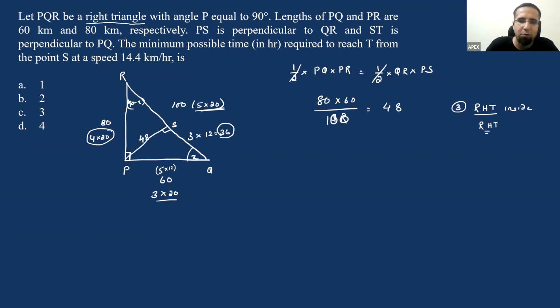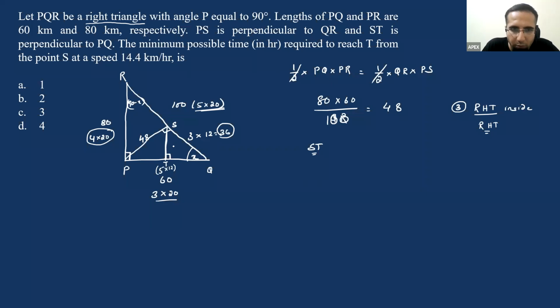Now, what is the question talking about? PS. Now, ST is perpendicular to PQ. That means I'm dropping another perpendicular here. I want the minimum possible time required to reach T from the point S, which means we want the value of ST. Now, can I say ST is also a right angle triangle inside a right angle triangle? Clear? So, opposite to 90 should be a multiple of 5.